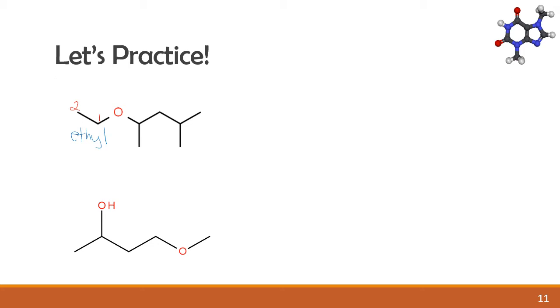The other side of oxygen has 1, 2, 3, 4, 5 carbon atoms in the parent chain and 1 substituent with 1 carbon atom. A 5-carbon alkane chain is called pentane.